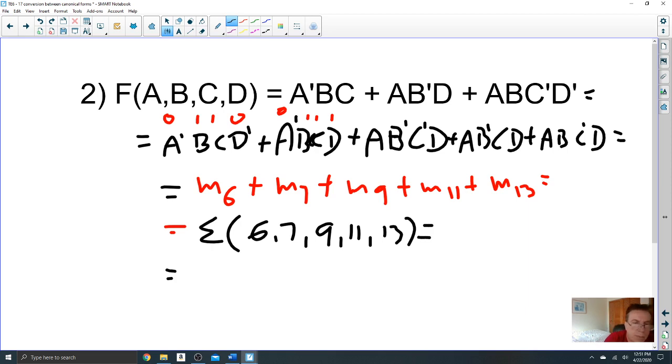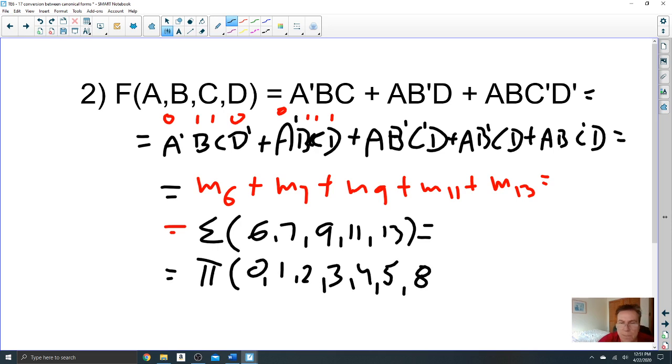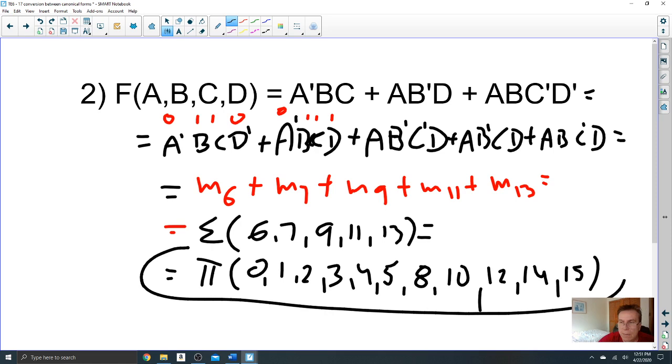So the maxterms will be the product of 0, 1, 2, 5, 8, 10, 12, 14, and 15. All right, so this is what we were looking for.